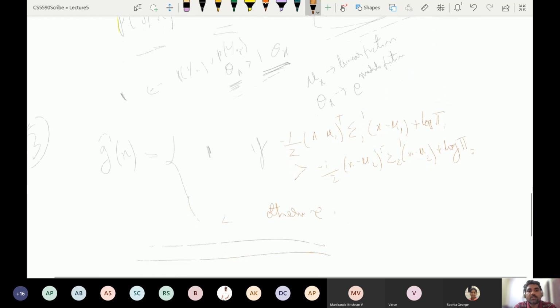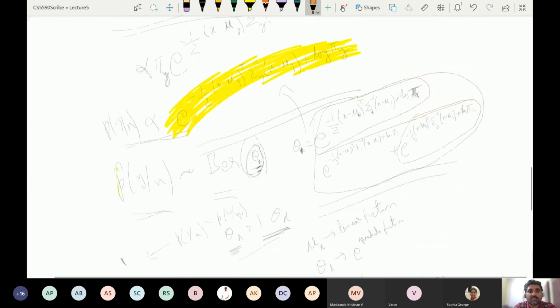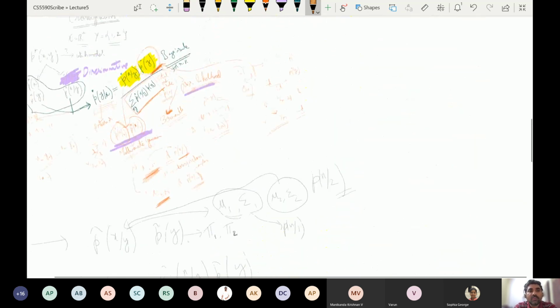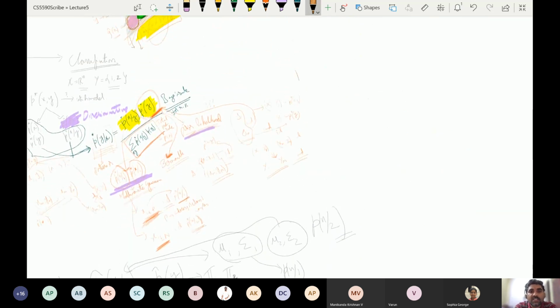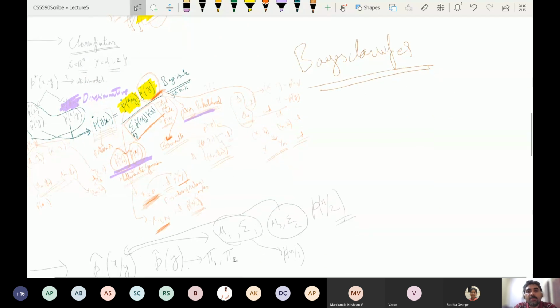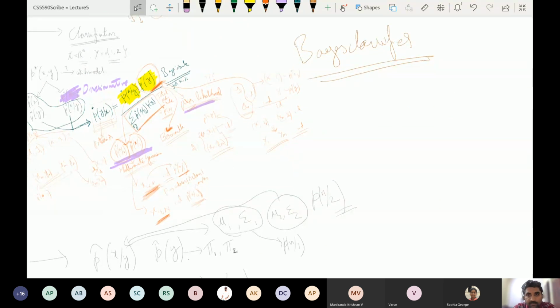So any doubts in the derivation of the generative model for classification? By the way, this generative model for classification is called the Bayes classifier. Again, I know it's a confusing name. It should not be confused with Bayes optimal.